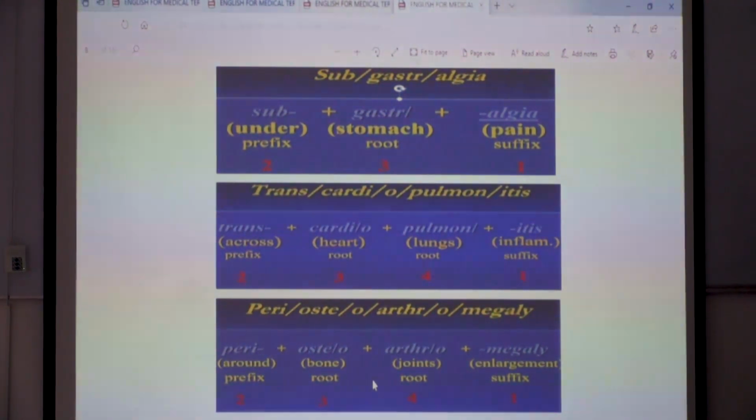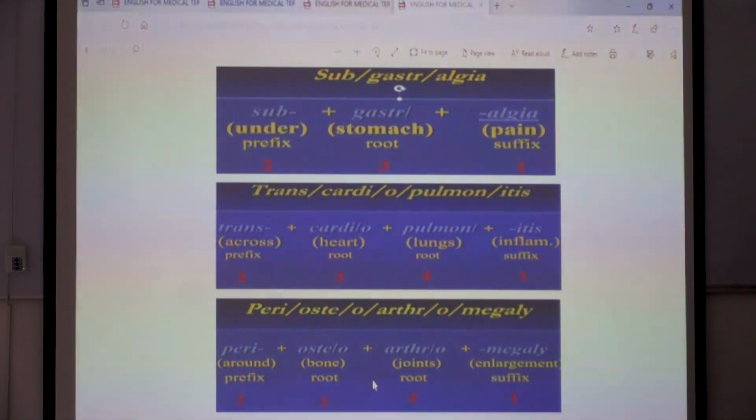Sub, as we said, means under, that is the prefix. Gast is the root, plus algia, the suffix. Subgastralgia: prefix, root, suffix.